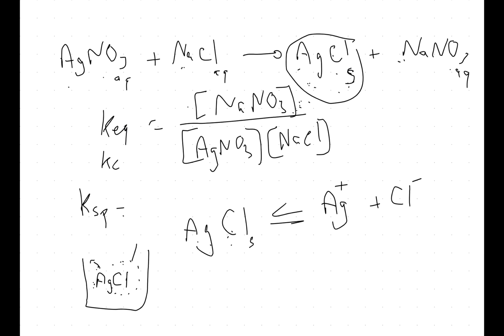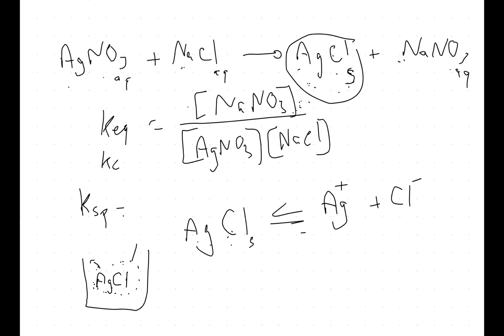But when there are too many silver ions and chlorine ions in the solution, they will form precipitate again. They will keep going forward and backward till they reach the equilibrium state. I will explain it in page number 2.